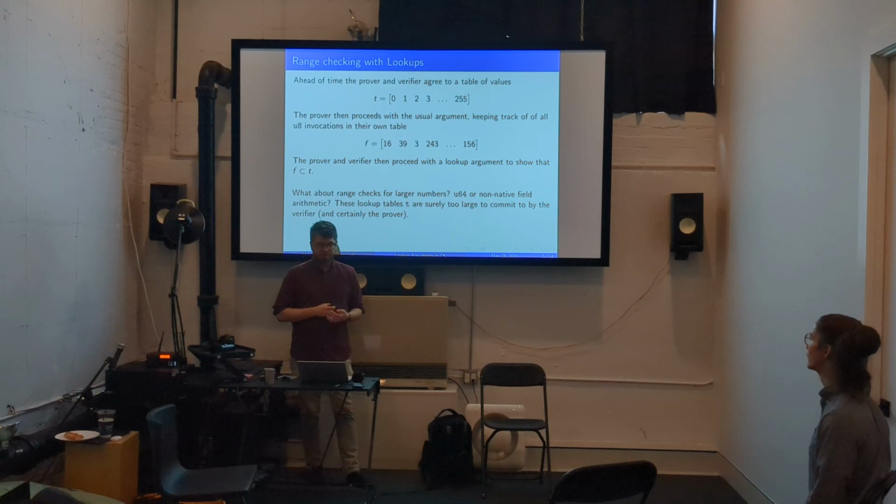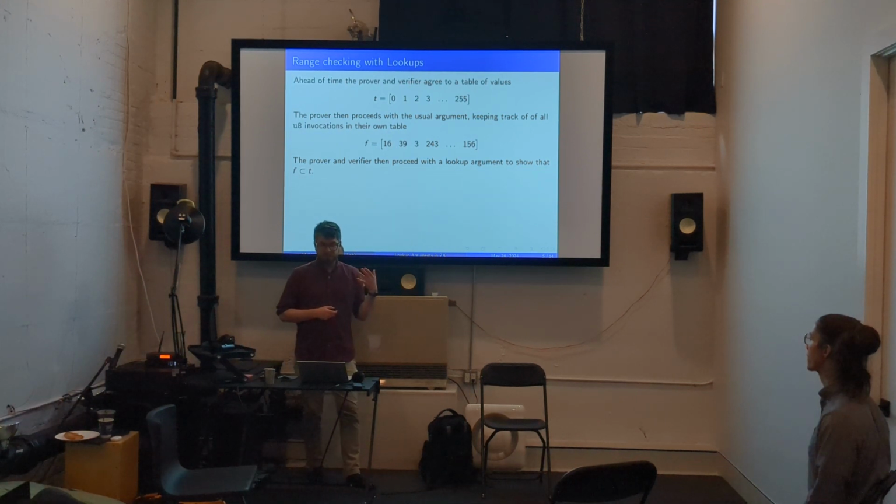And if the lookup argument is efficient enough, and if you're making, say, a lot of lookups, and maybe the tables aren't so big, then this could be cheaper than introducing all of those extra constraints and variables in your proof system.